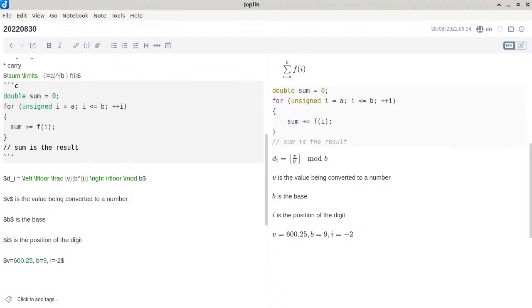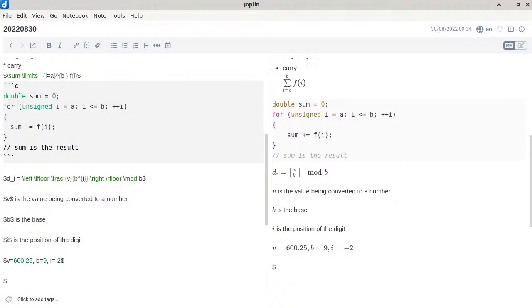All right, so if you look at the number, I'm just using this as an example. We have D2, D1, D0, and then the decimal point is always to the right-hand side of D0, and then we have D-1, D-2, and so on. So that's how we find D-2.